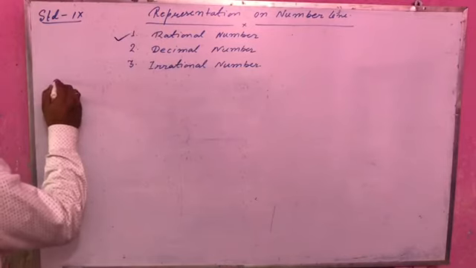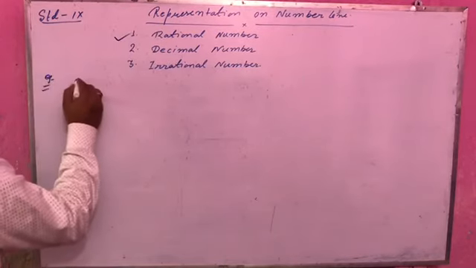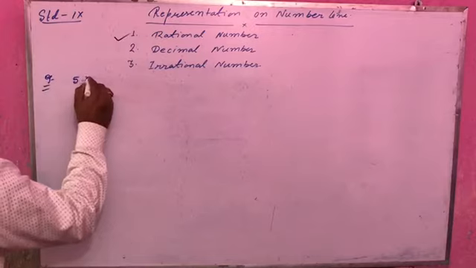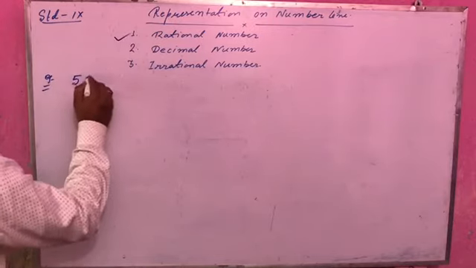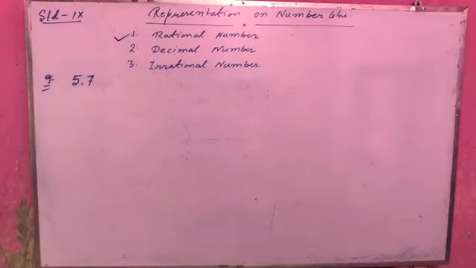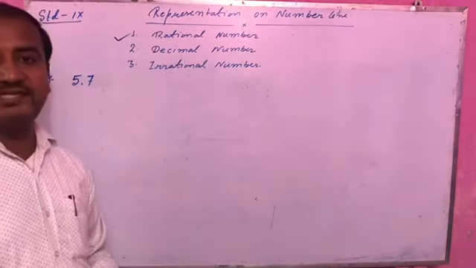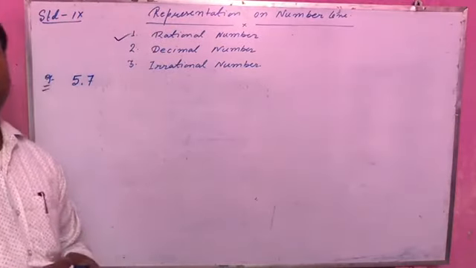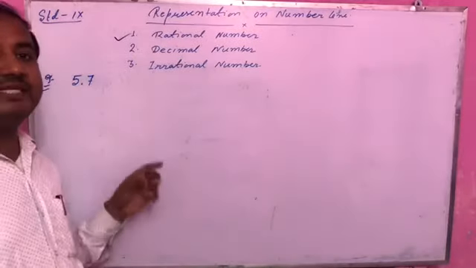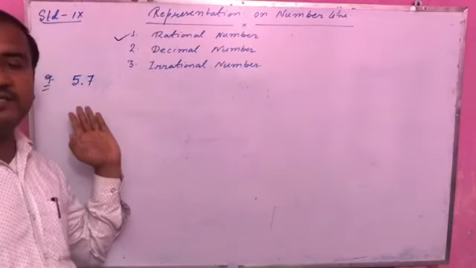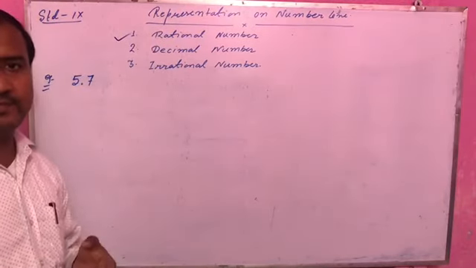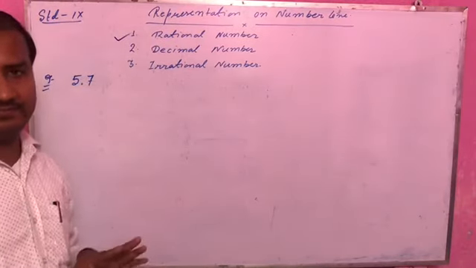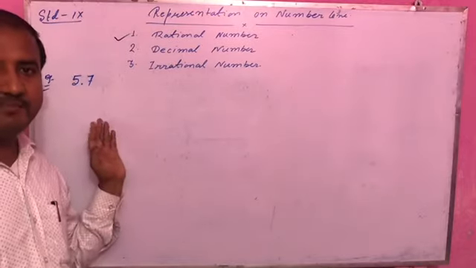Suppose your question is just represent 5.7 on a number line. 5.7 means it is more than 5. Sir, this can be written as P by Q form also, of course. 57 by 10.